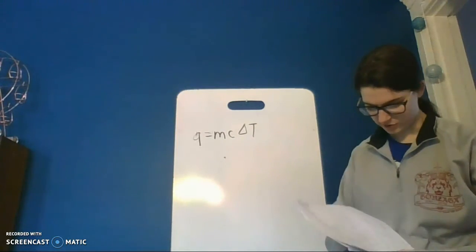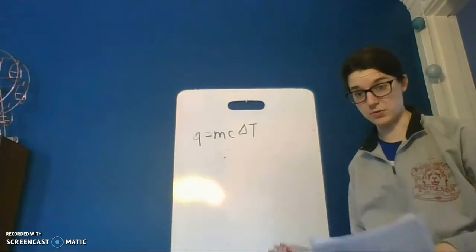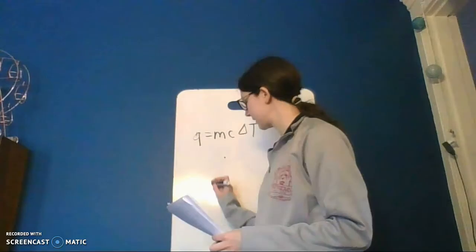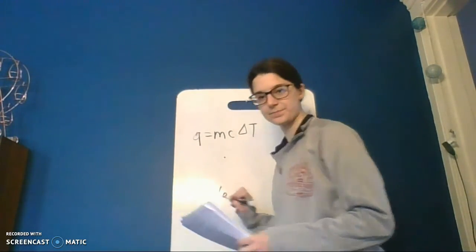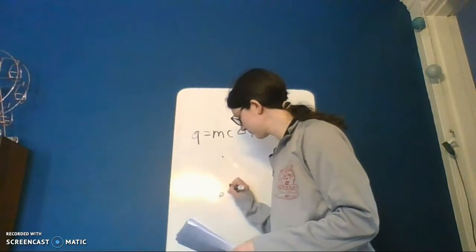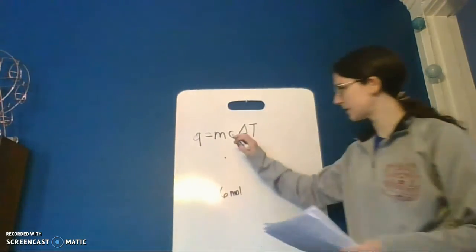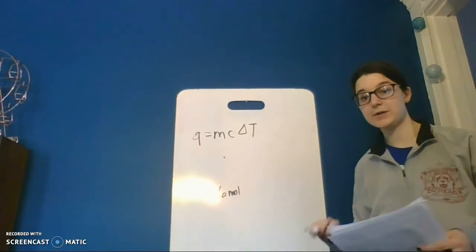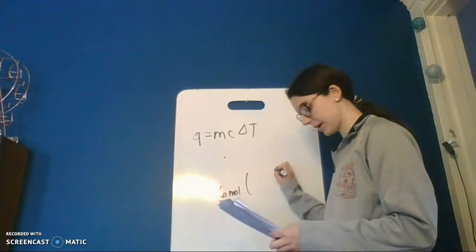So for number 4, we're given the number of moles of copper that we have, which is 3.6 moles. Since mass is in grams, I'm going to go ahead and use molar mass to convert moles to grams.